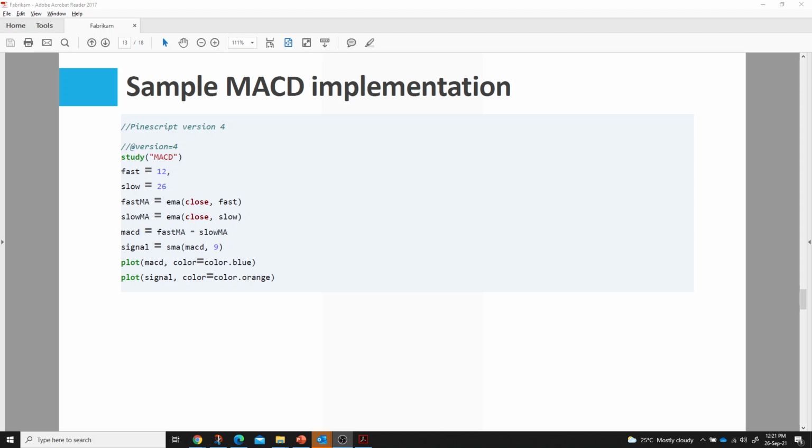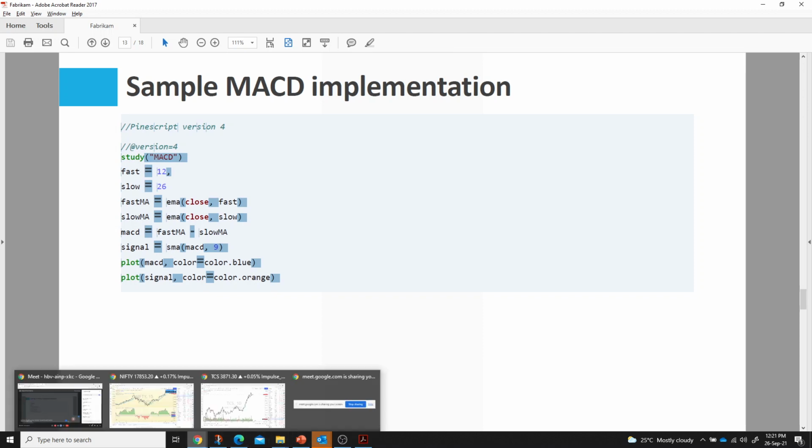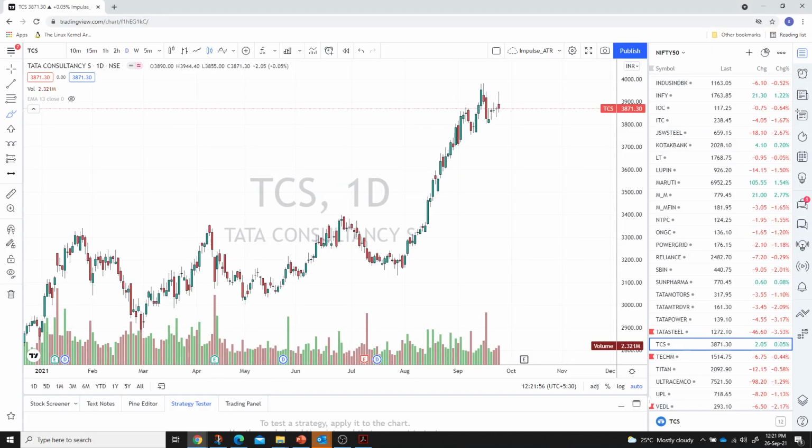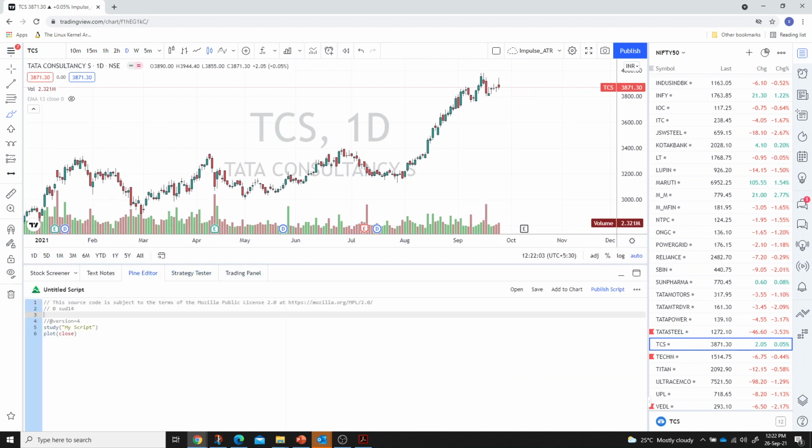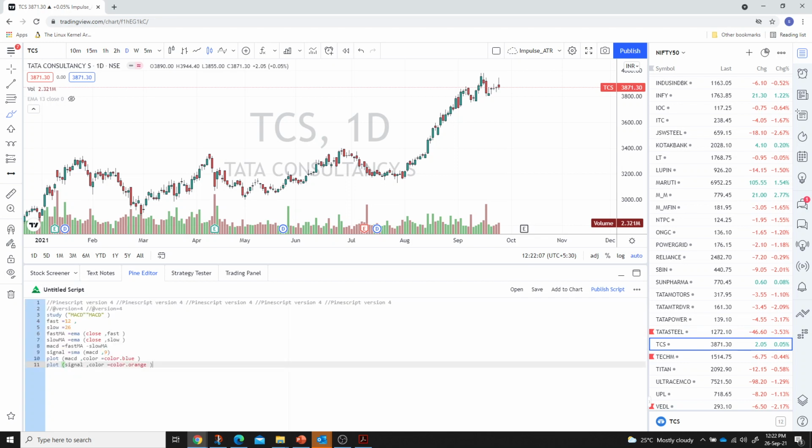Okay. So sample MACD implementation, I just have one script which I'll copy and then see what this script will do. Okay, so how can you write a Pine script? So here you see Pine editor, and here by default there is some untitled script. I will just replace it with what I copied.